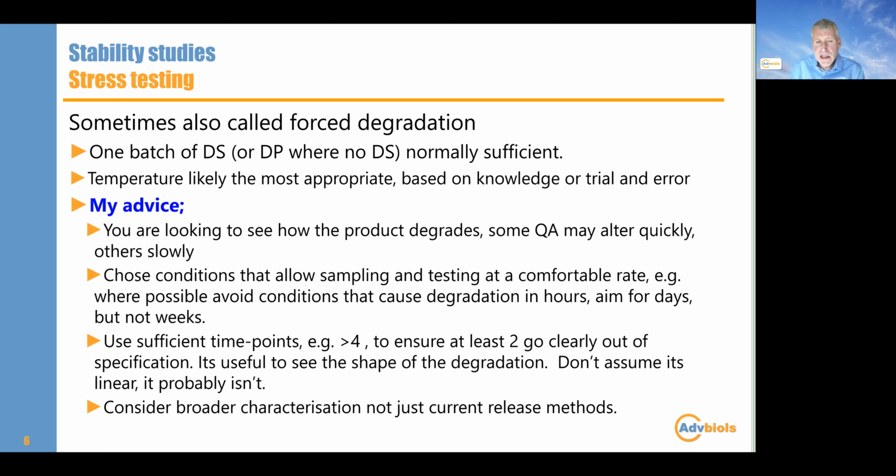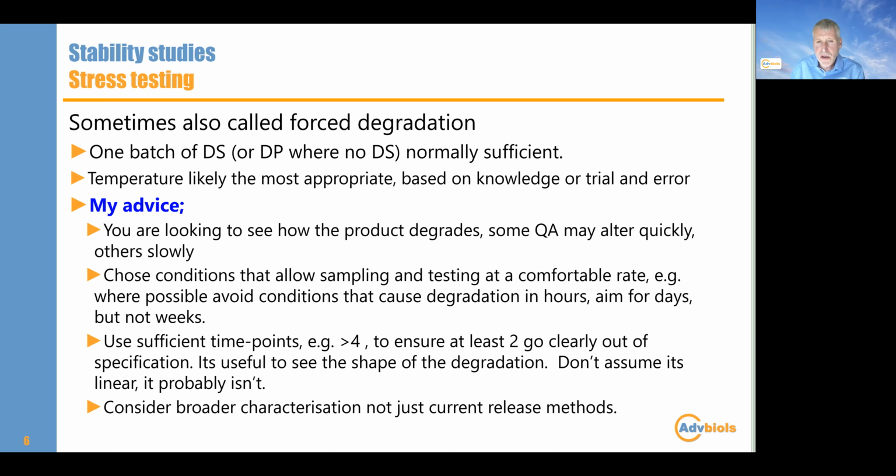You need to find some conditions that allow for a good rate of degradation that's convenient for you to characterize. So sometimes I see studies done that take hours, and in some cases that is necessary.